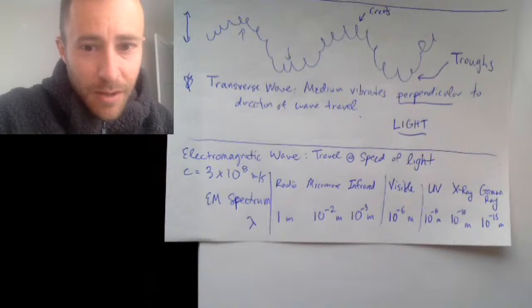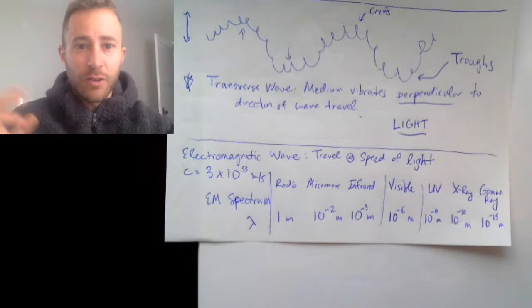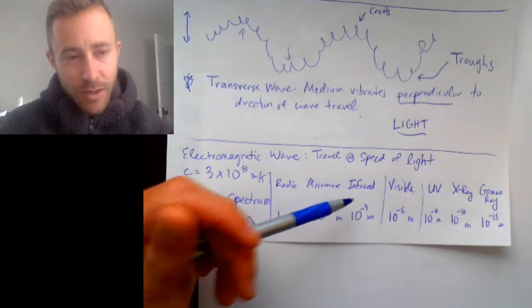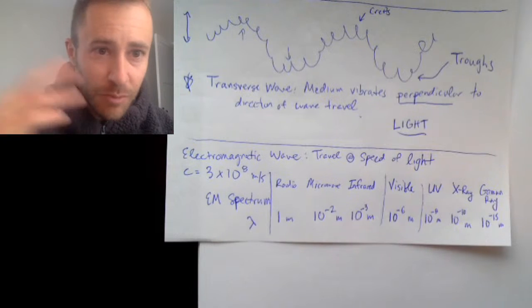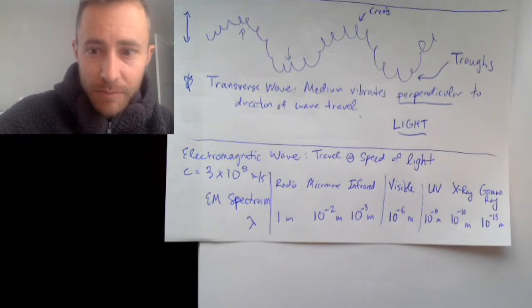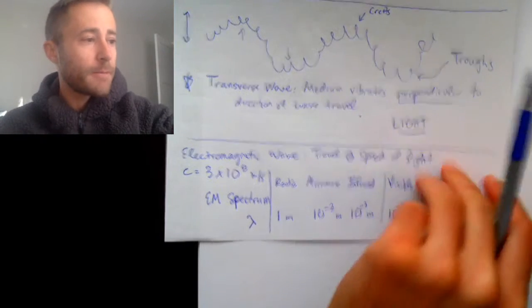You can imagine a world where the star is cooler and it's emitting mostly infrared light. Our eyes would have evolved differently to be most sensitive to infrared light.